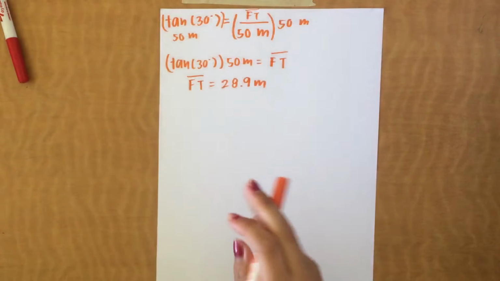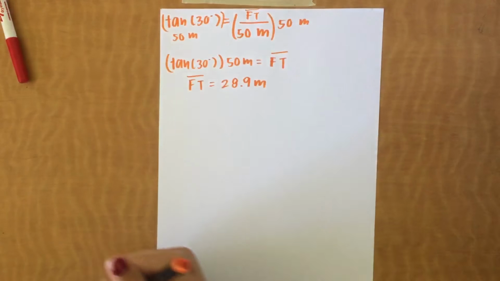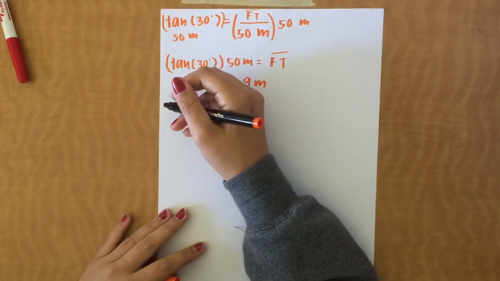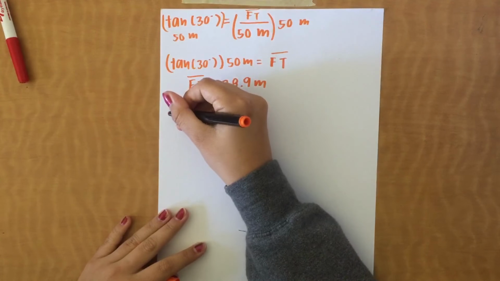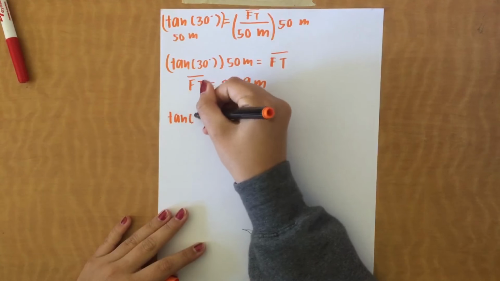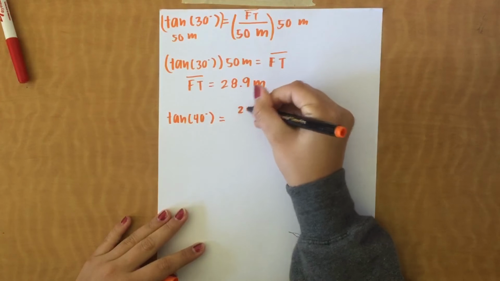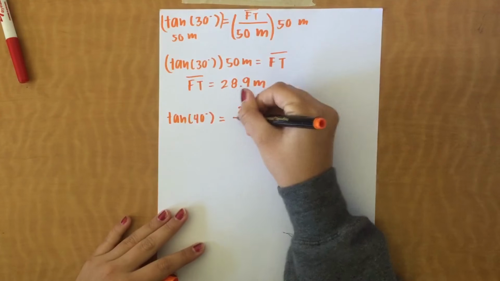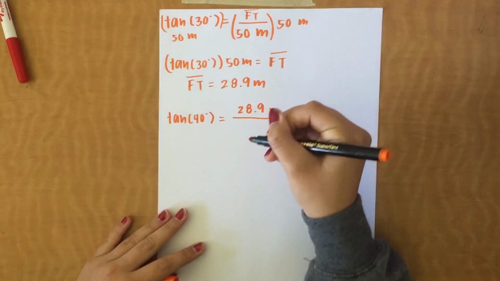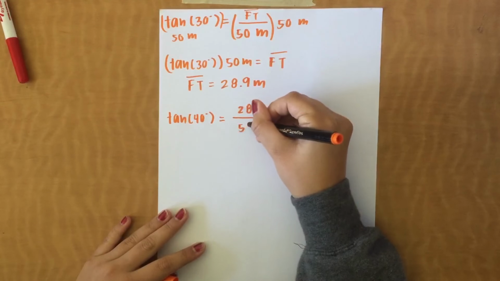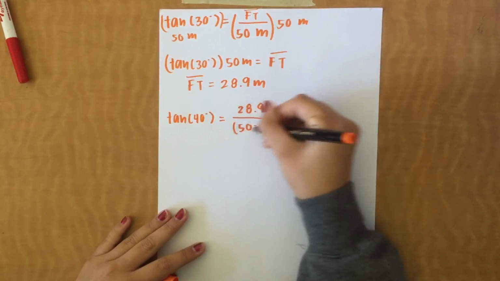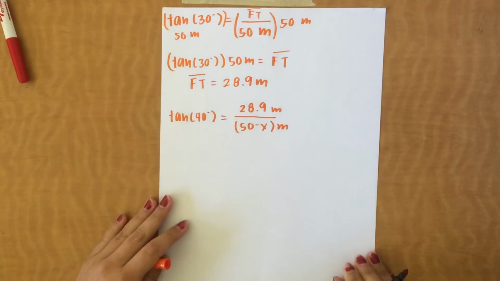So tangent of 40 degrees is equal to 28.9 meters over 50 minus X meters.